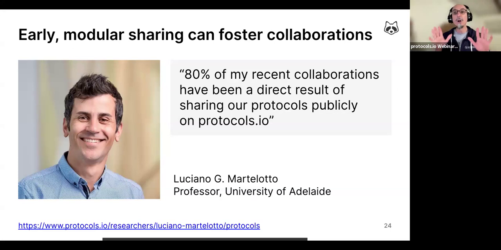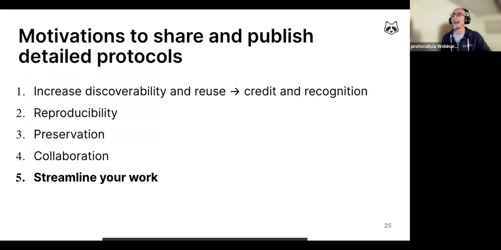And it does not preclude further recognition by publishing it later as part of a peer-reviewed publication. And that takes me to the fact that publishing your protocols should also simplify your work down the road when the time of submitting and publishing a paper comes.